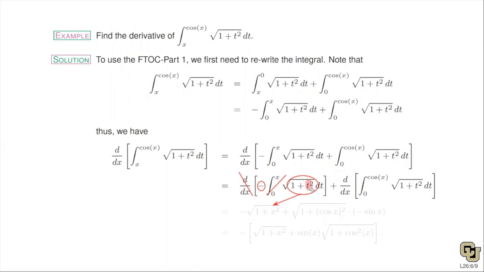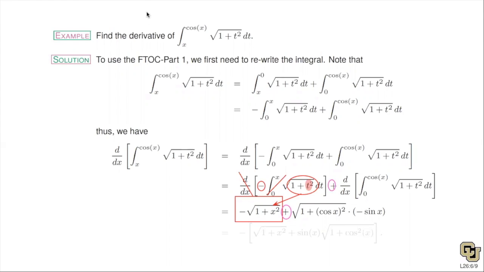So this t I'll make into an x. And so there's the derivative of the first term right here. We dropped the integral, we copied the minus sign, we copied the integrand, we replaced the t with an x. And then I have the plus symbol right here in between them.